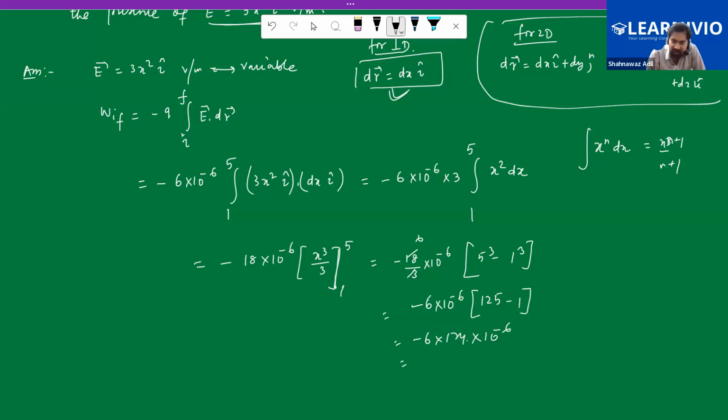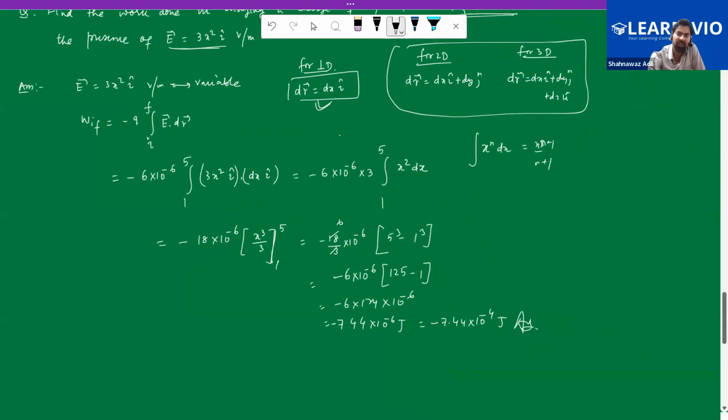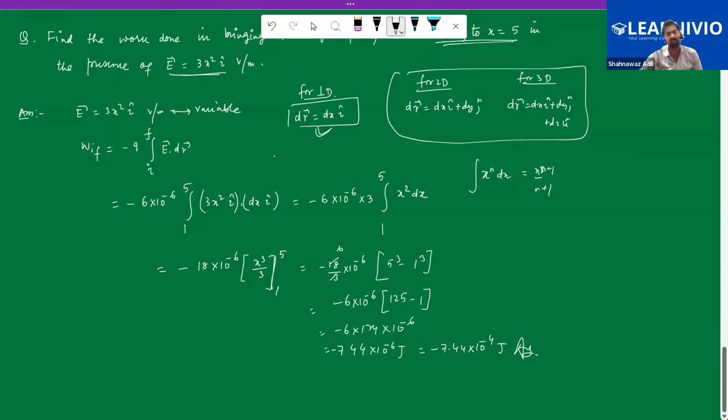How much is that? 6 4s are 24, 6 2s are 12 and 2 is 14, 6 1s are 6 and 1 is 7. So we can write this as minus 7.44 into 10 to the power minus 4 joules. So this is the answer. Is it clear? This is the work done in the presence of a variable, non-uniform electric field. This is how we calculate the work done.